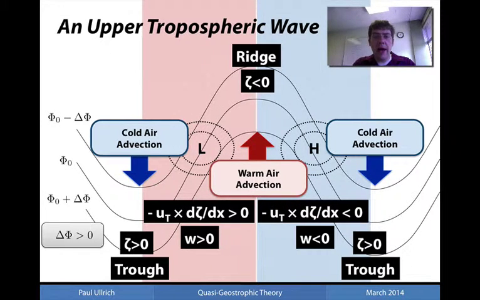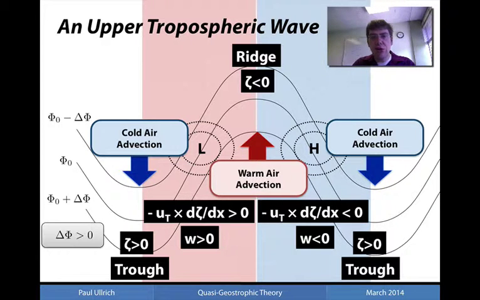So at the ridge we have relative vorticities which are negative. These are associated with anticyclonic rotation. At the trough we have relative vorticities which are positive, associated with cyclonic rotation. So then plotting this out in terms of red regions and blue regions, within the red region we have that the advection of relative vorticity by the thermal wind is positive, corresponding to a positive vertical velocity, whereas in the blue region we have that the advection of relative vorticity by the thermal wind is negative, hence corresponding to a negative vertical velocity.